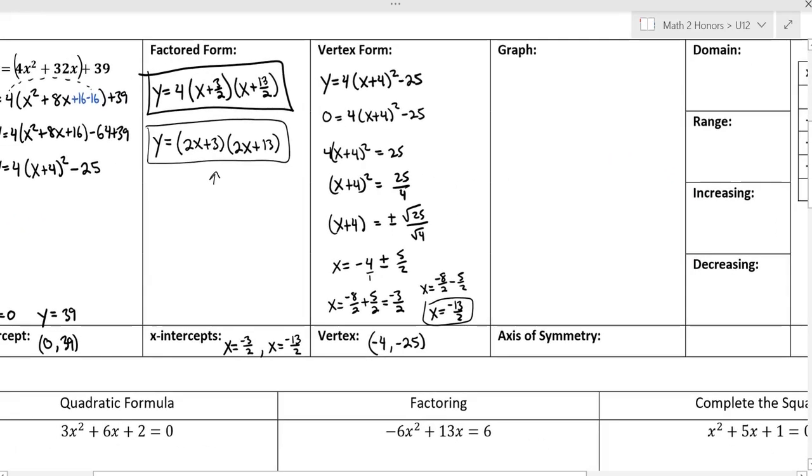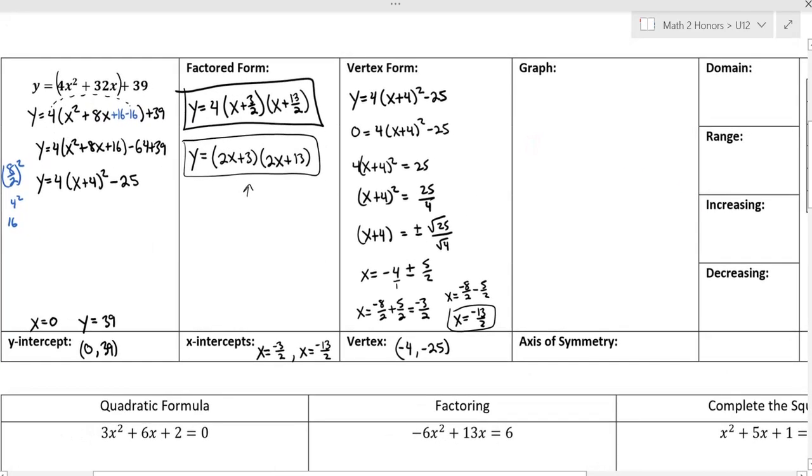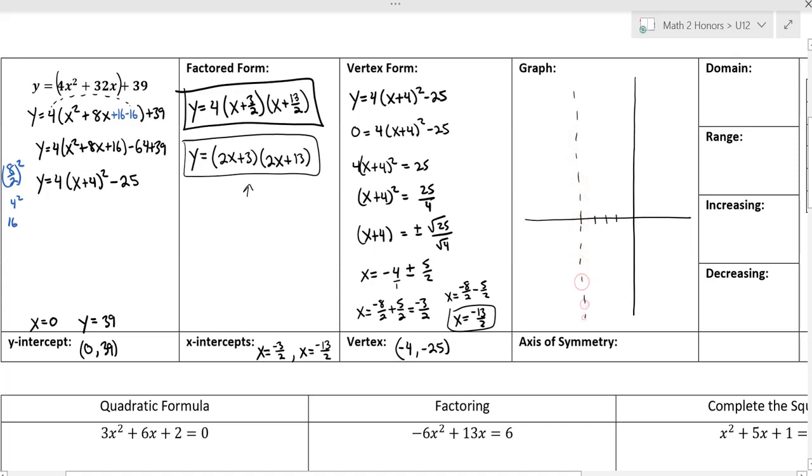So for the graph, let's see here. The center here is at x equals negative 4.